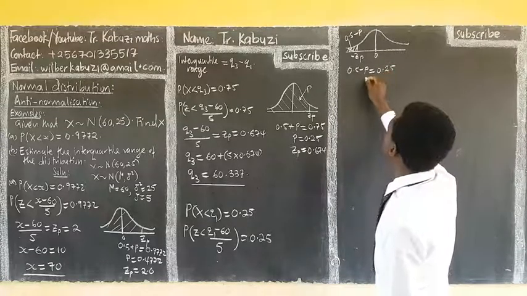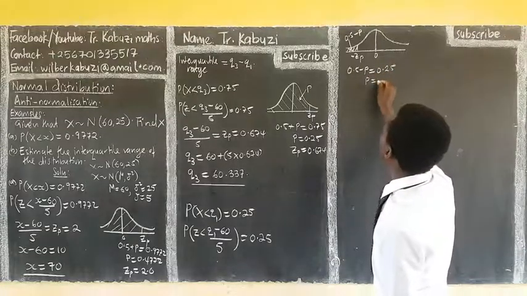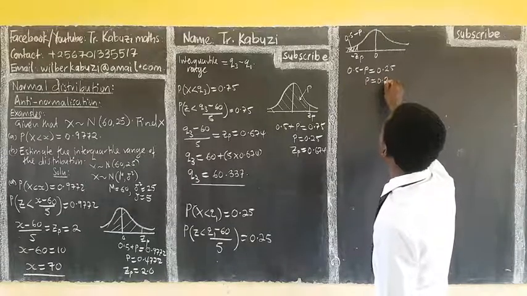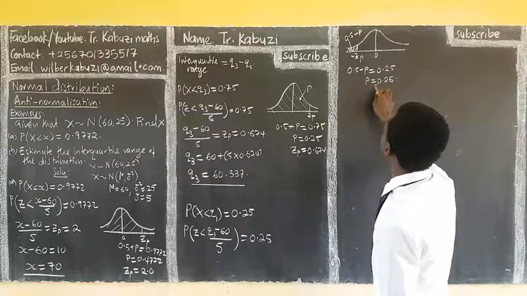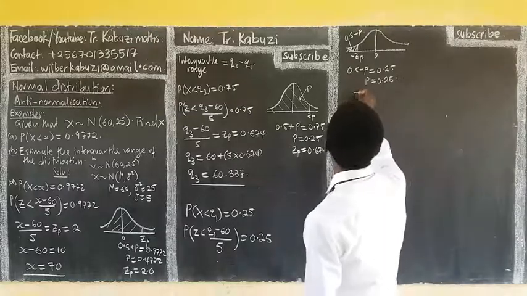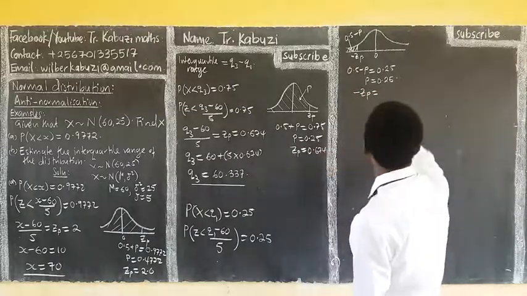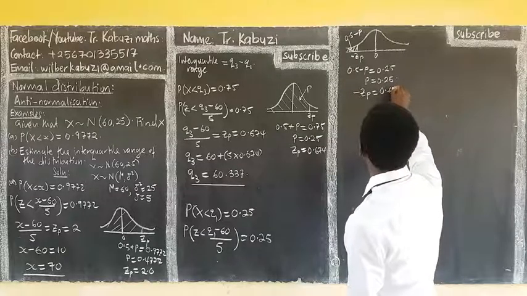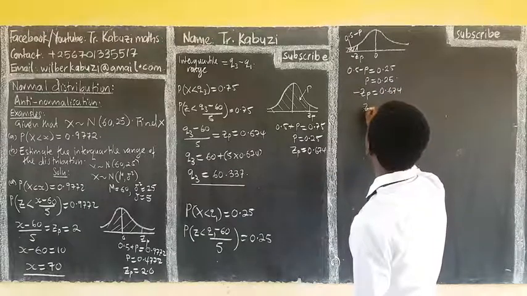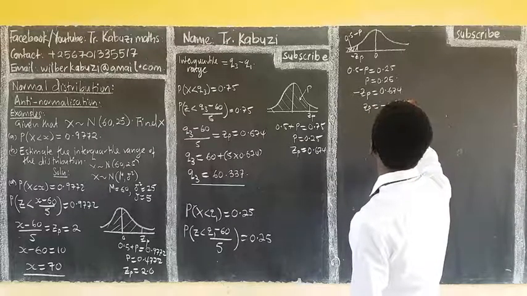So 0.5 minus P is equal to this value, 0.25. Take it this side, our P, and take this side, so P is 0.25. Now if we have that as our P, then we come and get our ZP, which is going to be 0.674. So our ZP now is going to be negative 0.674.